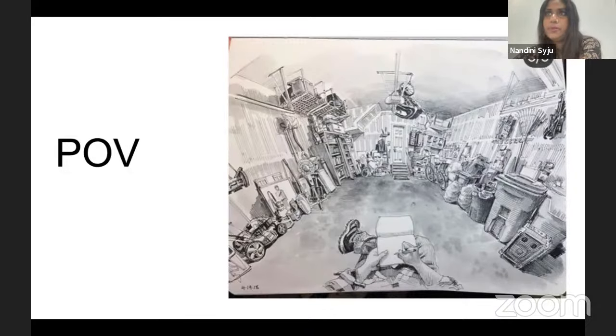Especially when it comes to people, you have to make sure that the eye level is always on point. Sometimes they say little kid, so you always have to draw it from a low angle, a little bit at least. You don't need to exaggerate it. And sometimes if they say old man or a tall man, right? You will have to adjust accordingly.